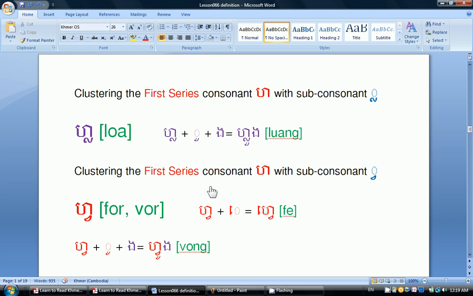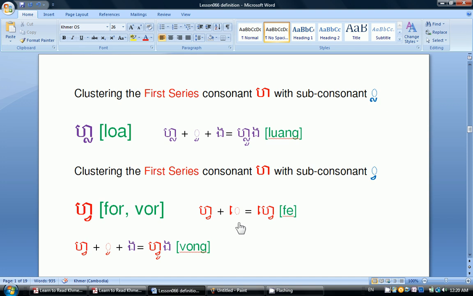Clustering the first series consonant ha with subconsonant vowel. Its cluster has two sounds: the F sound or the vowel sound. It depends on the word. The first one here is the F sound.